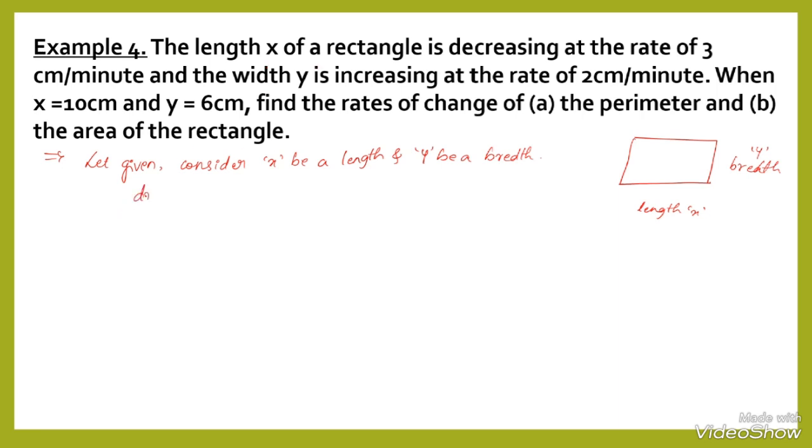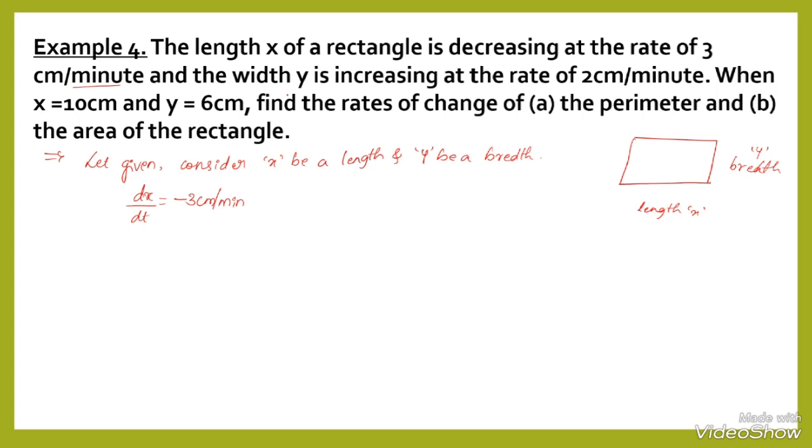It means the rate of change of length with respect to time, because it is given per minute. Decreasing means it is negative, that is dx by dt is minus 3 centimeter per minute.